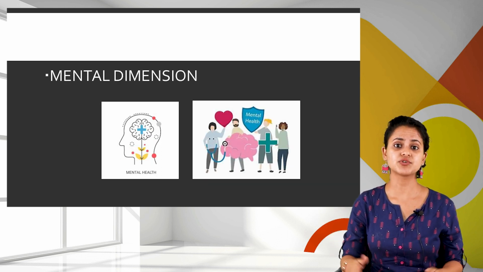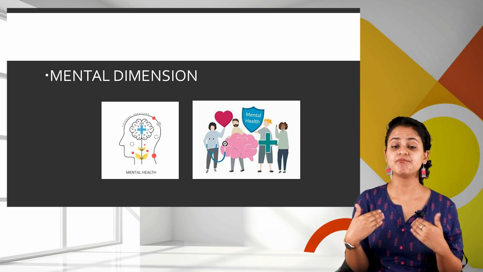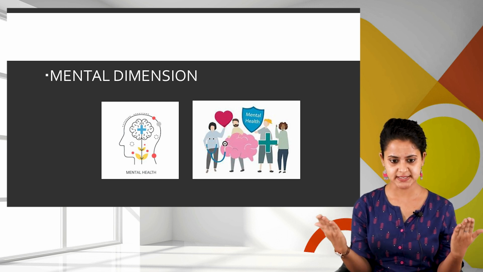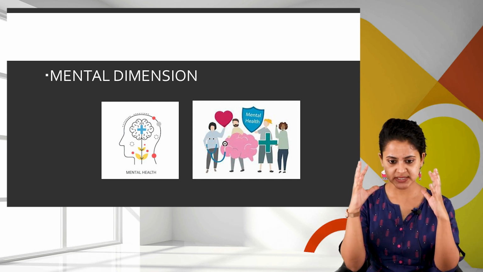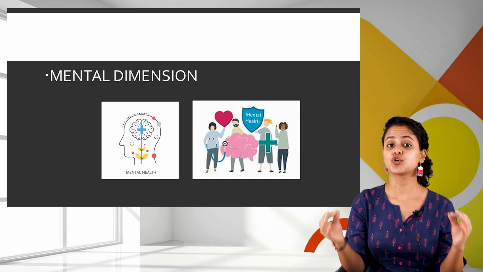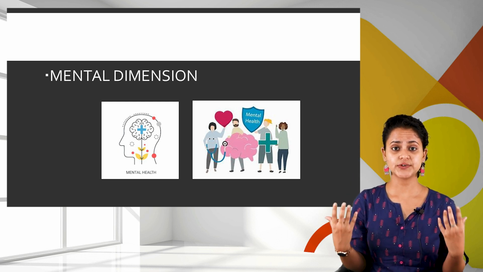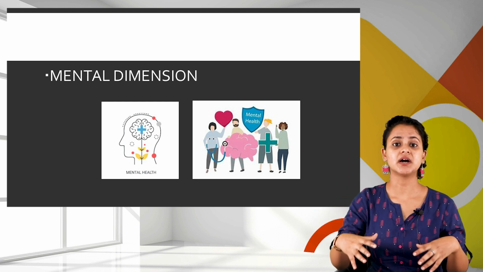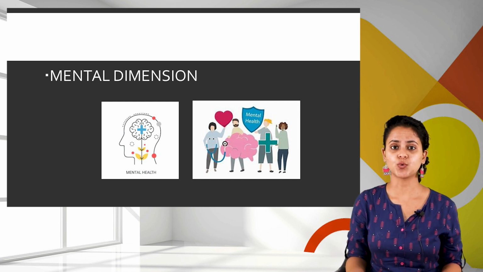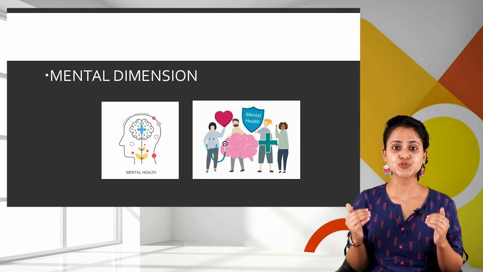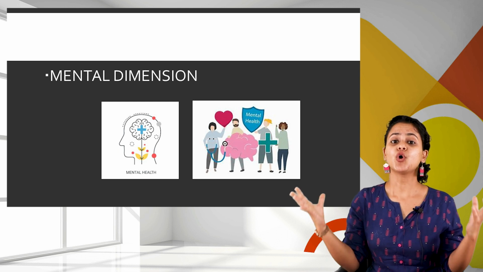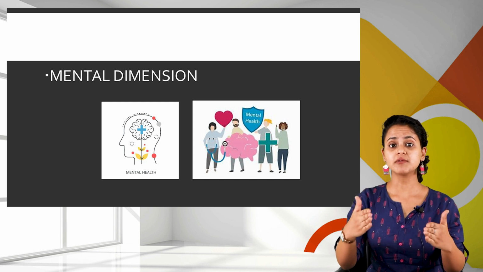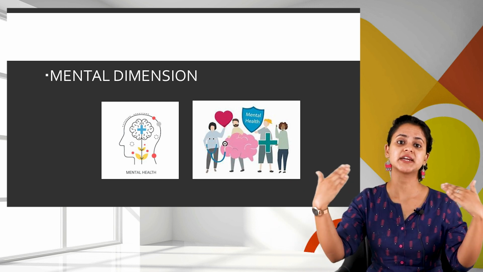Next, we are going to read about health in the mental dimension. The mental dimension of health suggests the ability to think clearly and coherently. It also deals with sound socialization within the community. As we know, a human is a social being, so it is very important that a person maintains a normal socialization with their community.